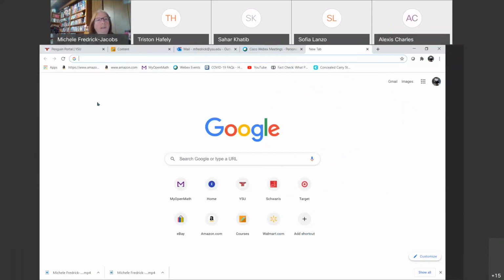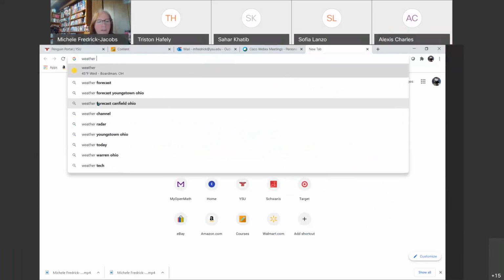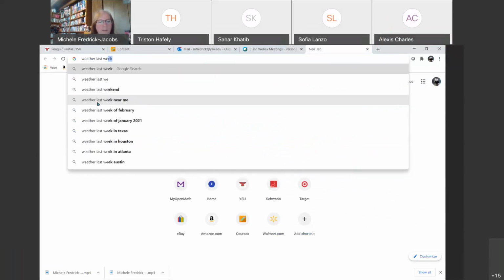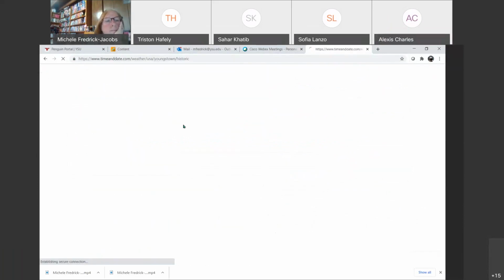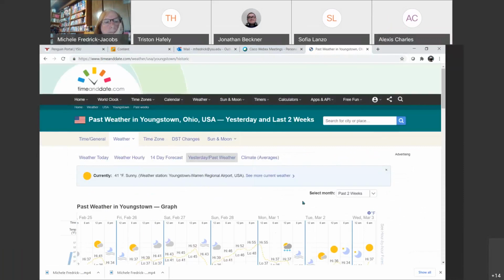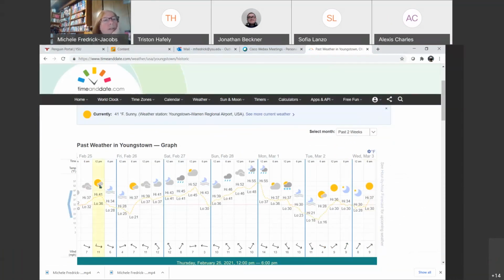So if we look up, they tell us sunny, rain. It's not a numerical value, rain, clouds. And so for 25 days, you could keep track.